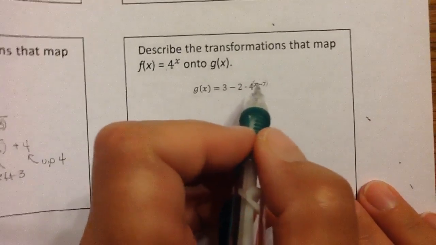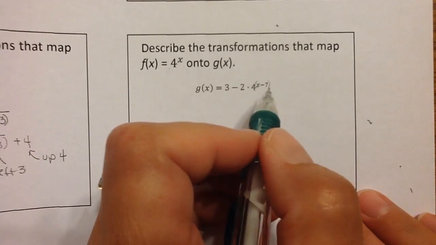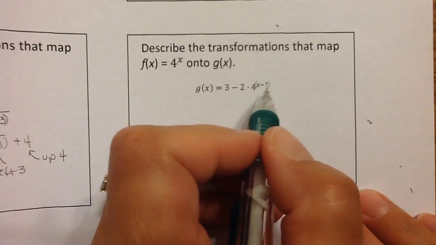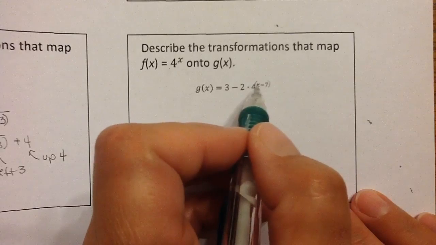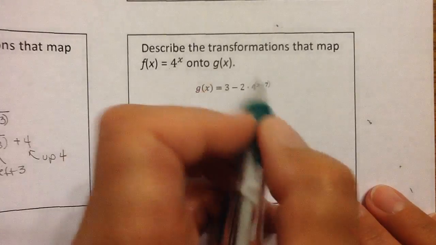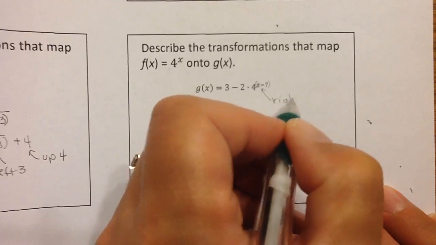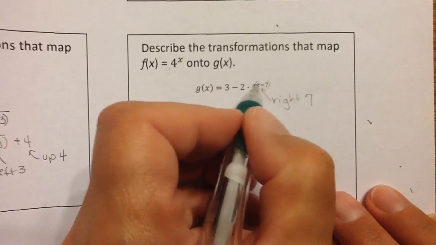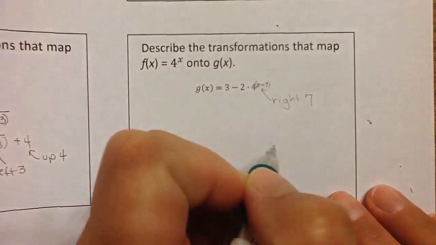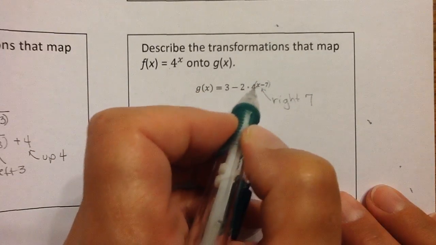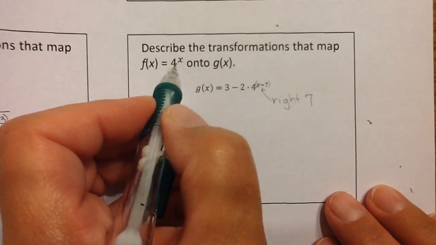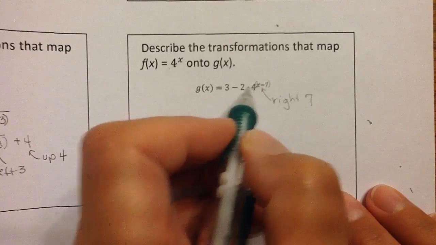So that means x minus 7 is an understood set of parentheses. Subtracting 7 is being done to the x, not to the output of the function. So that's the same thing as moving to the right 7. And there's nothing to factor out in front of the x, so we don't have to worry about that on this one. The 4 to the x was already there. It's original to the function, so ignore that.